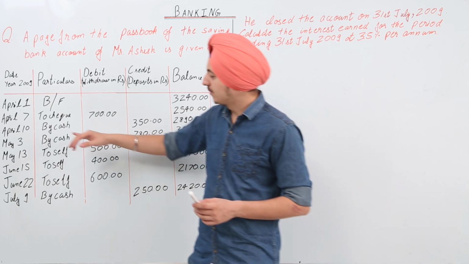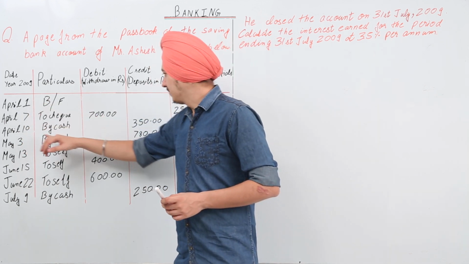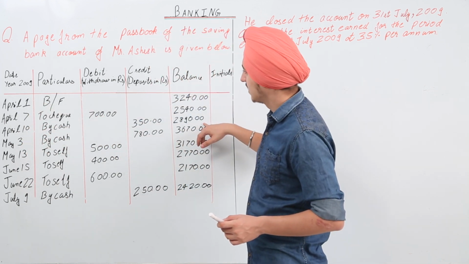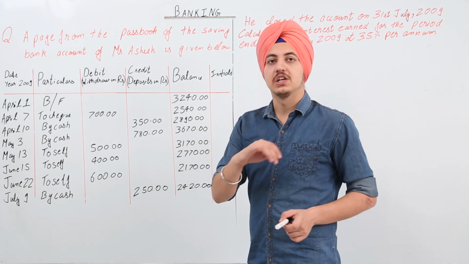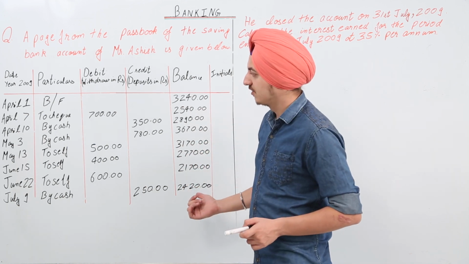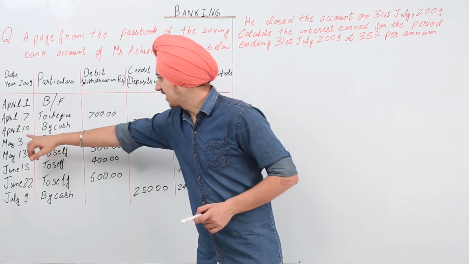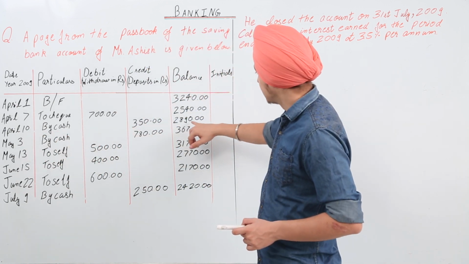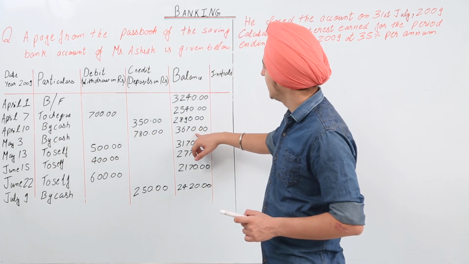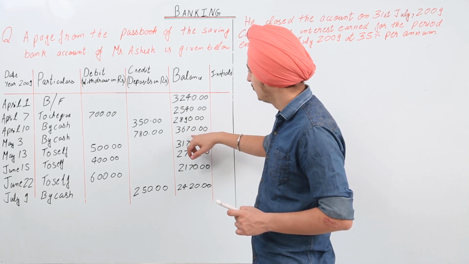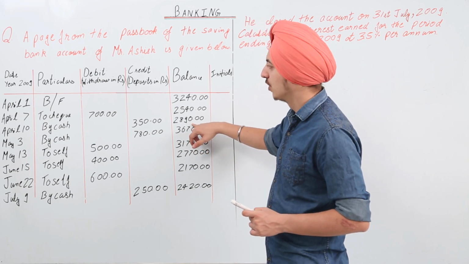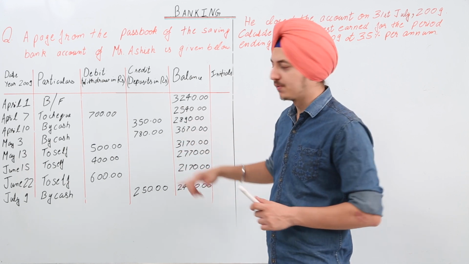So for the month of April, what is the minimum balance between 10th of April to 30th of April? On the 10th of April, the balance is 2890, and then any transaction that is made is in the month of May. So 2890 is the minimum balance for April.